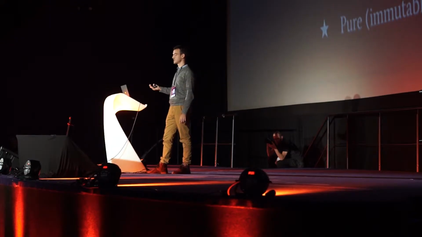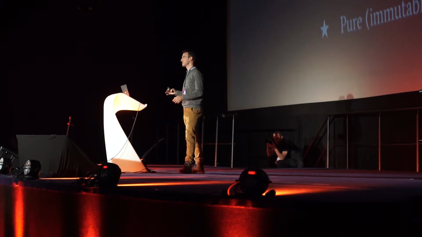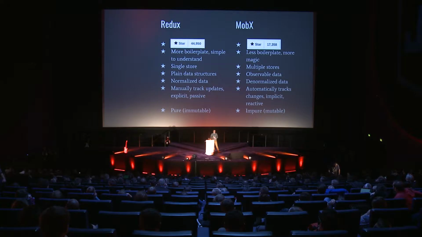In Redux, you have a concept of a single store. You are keeping all your data in one store, and in MobX, it's usually multiple stores, like multiple domain stores and a common store like a UI store. In Redux, you are storing your data as plain JS structures, and in MobX, on the other hand, you wrap them in observables.